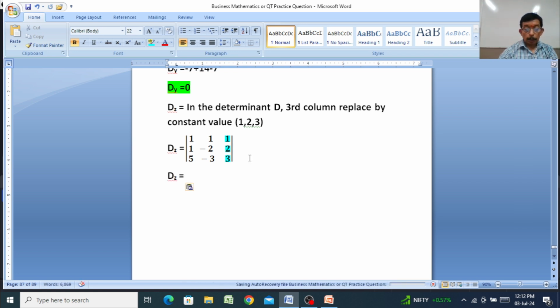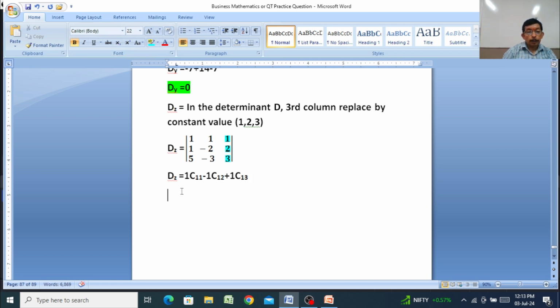The first element of the determinant is 1, and the corresponding cofactor is C11, then take -1, and the corresponding cofactor is C12, then +1, and the corresponding cofactor is C13.